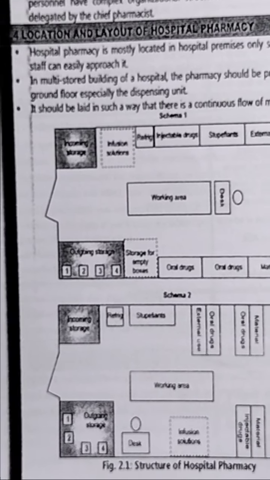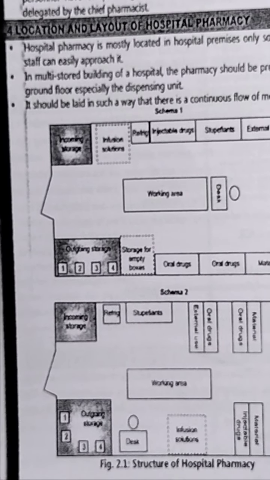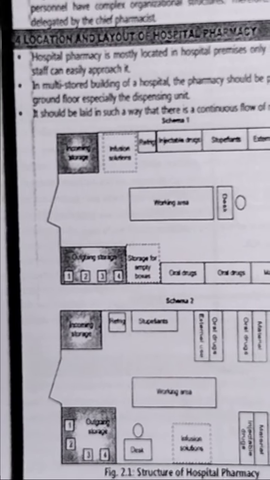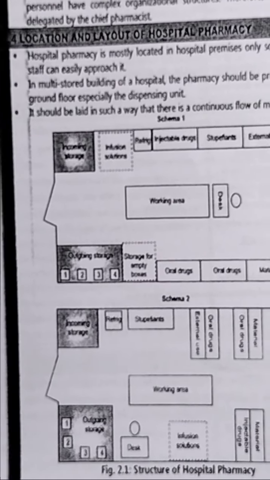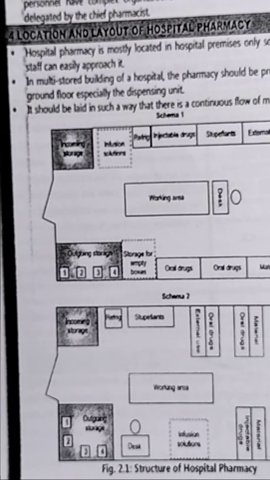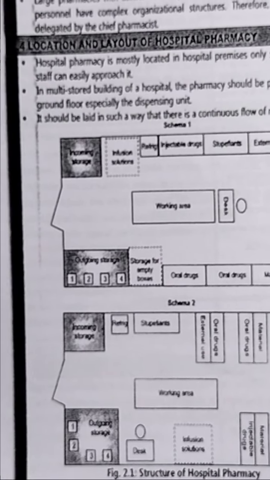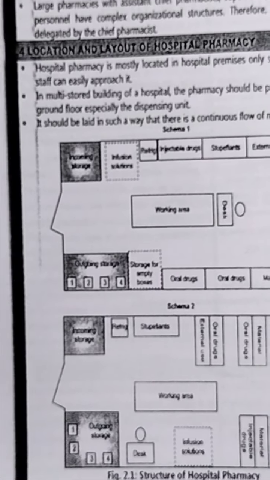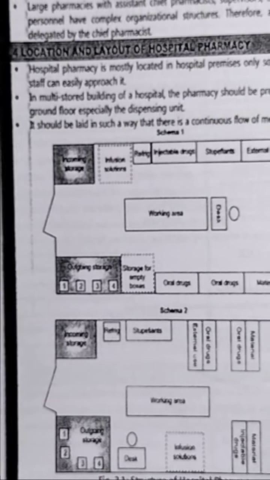When 100 beds are there in the hospital, they must have 5 pharmacists. 8 pharmacists are required for a hospital having 200 beds. Up to 500 beds, 10 to 15 pharmacists are needed.